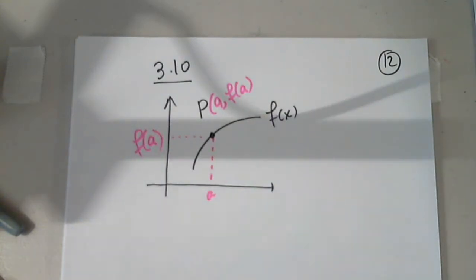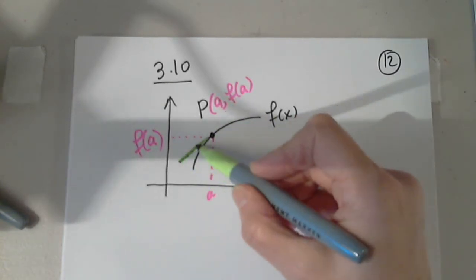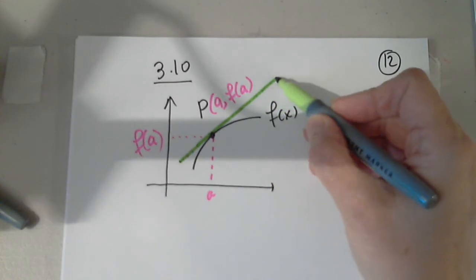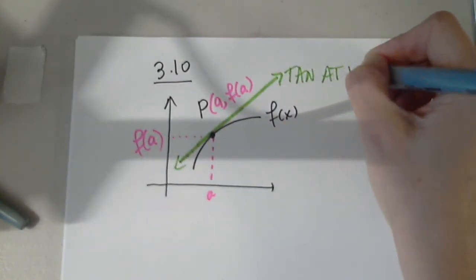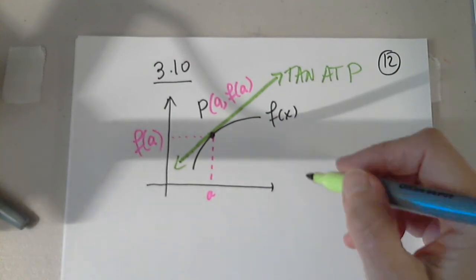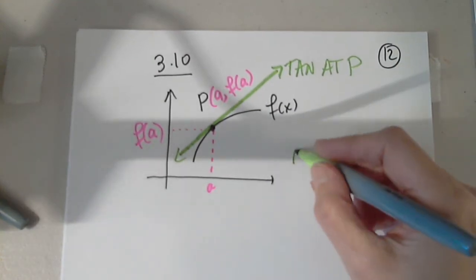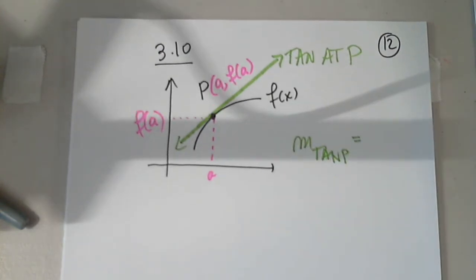And yes, you already know what I'm going to draw next. And you're going to say, of course, the tangent. And yes, of course, I'm going to ask you what is the slope of the tangent at P. You expected that, I'm sure.